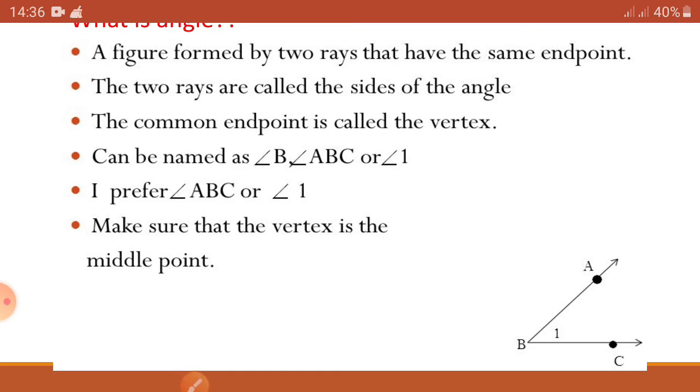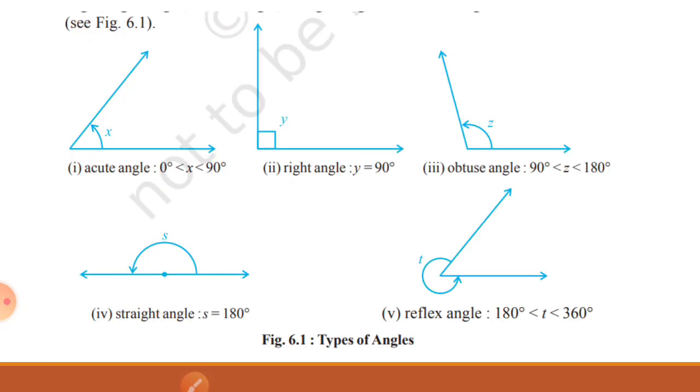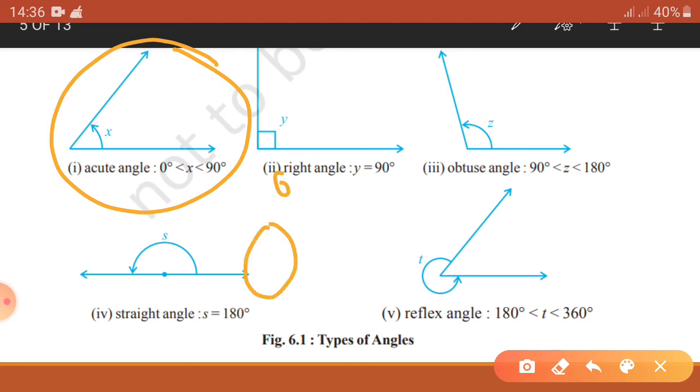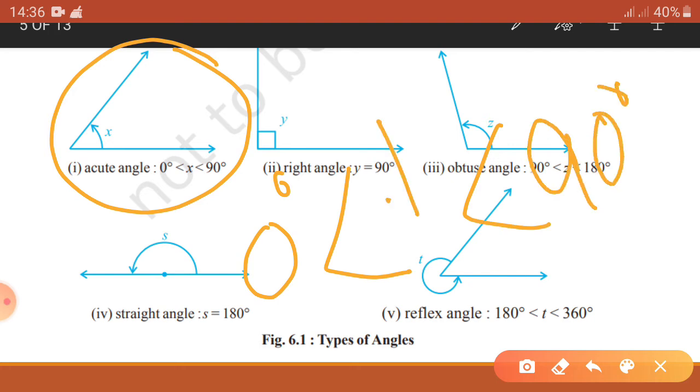Okay, next point. Now this slide tells you about the types of the angles. So these are the types of various angles. The first type is acute angle. When the value of the angle is between 0 degree and 90 degree, then the angle is known as the acute angle.